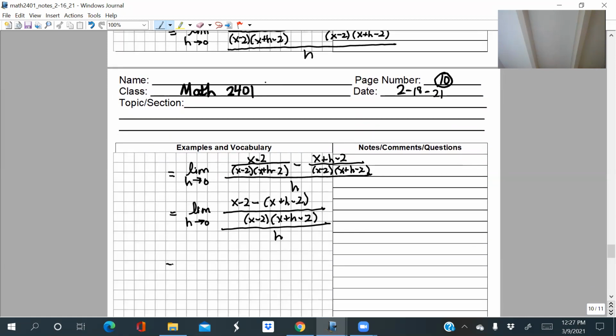Now, here's where good things start to happen. Look, you're subtracting this, right? So you can just remove the parentheses and change the signs. So I get x minus 2 minus x minus h plus 2 over this big ugly denominator here.